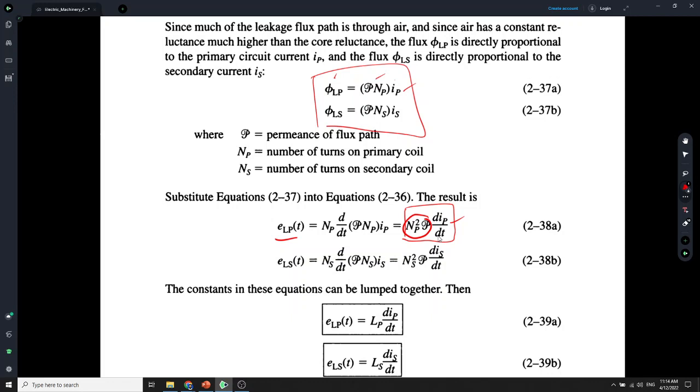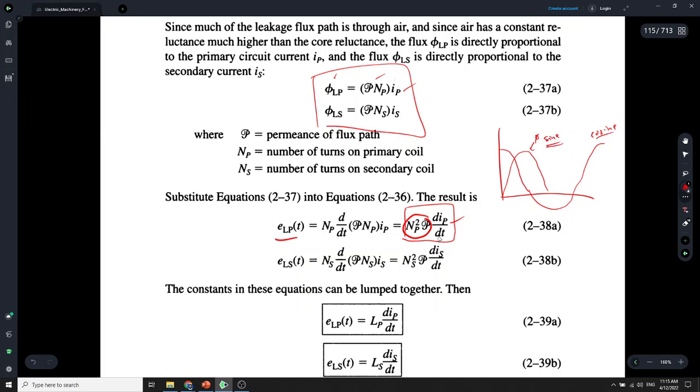The thing lagging from the voltage is actually the inductance. Last week we covered that the voltage is like a cosine wave, and the flux is a sine wave, still remember? So the flux is lagging from the voltage.